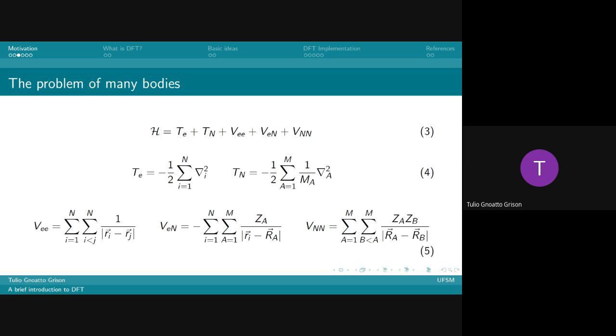The Hamiltonian is composed of the kinetic energy of the electrons, the kinetic energy of the nuclei, the electron-electron interaction potential, the electron-nucleus interaction potential, and the nucleus-nucleus interaction potential. We know that the mass of the electrons is much smaller than the mass of the atomic nuclei.